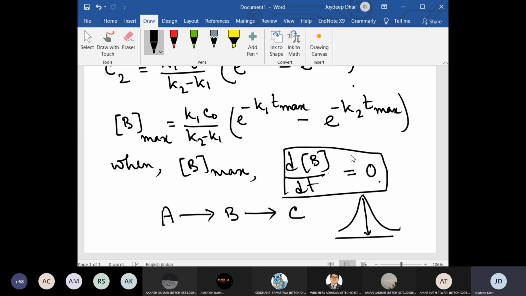You know at maxima the first derivative is equal to 0. So this is the concept in steady state. Okay.